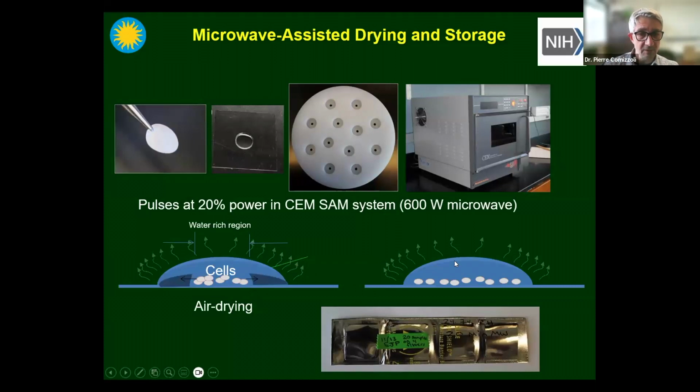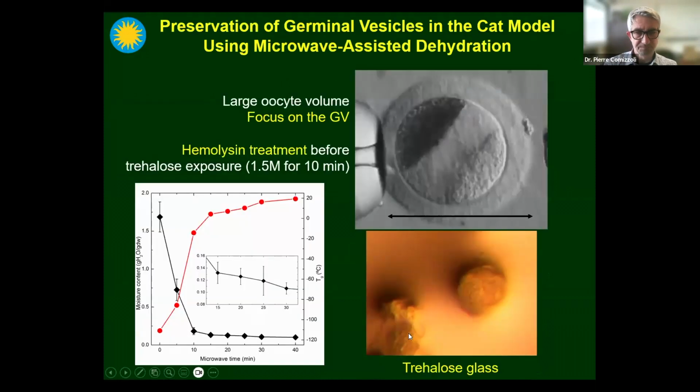The advantage compared to air drying is that the evaporation is much more homogeneous in your sample than with simple air drying. But importantly, as I said, during the storage, you need to use those sealed pockets that are made of mylar, where you prevent any contamination from humidity.